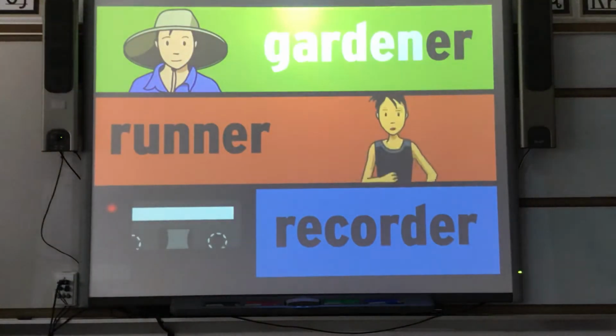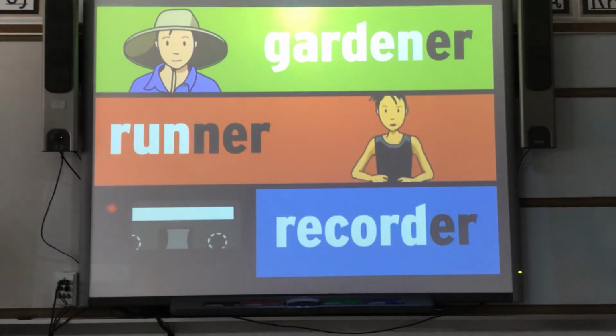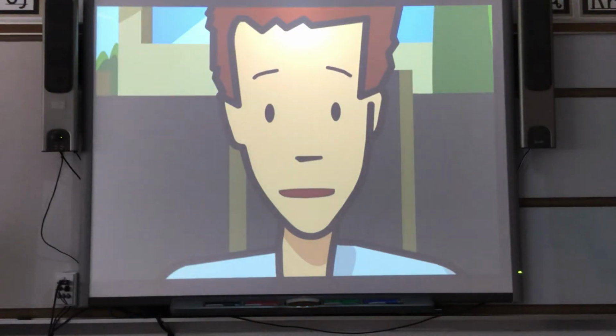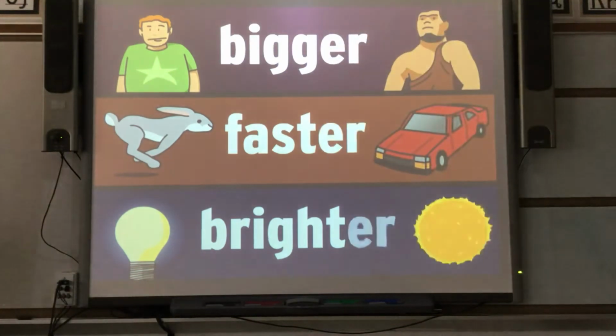A gardener is someone who gardens. A runner is someone who runs. A recorder is a machine that records things. So I guess when a verb has er at the end, it's describing someone or something that performs the verb's action. But a prefix or suffix might not always mean the same thing. For example, when you add er to the end of an adjective, it means more, like in bigger, faster, or brighter.